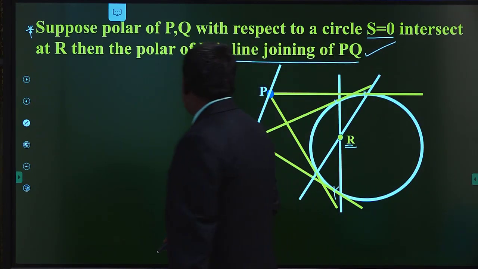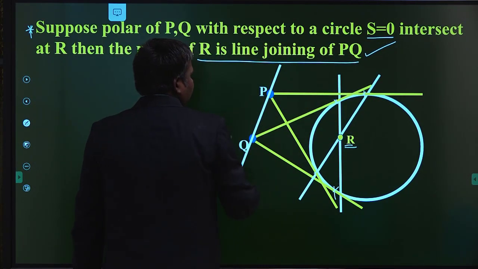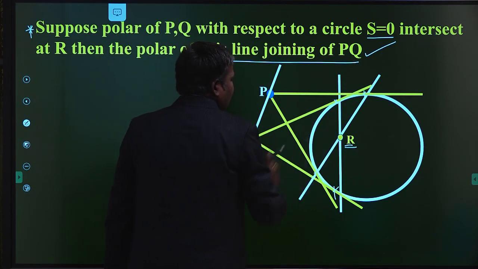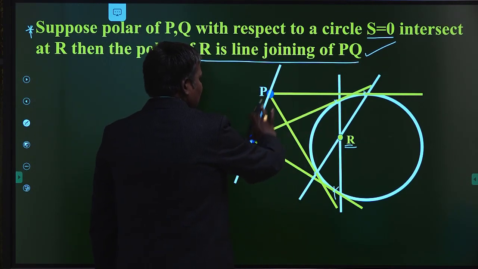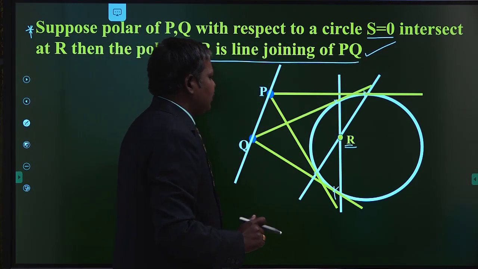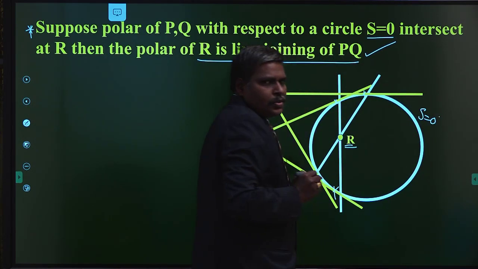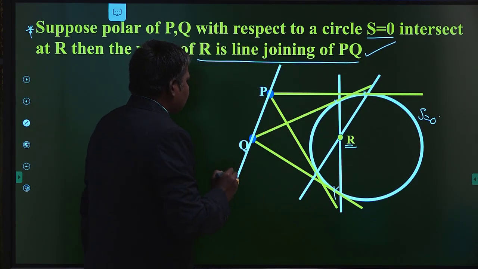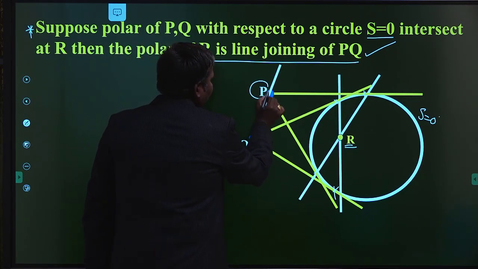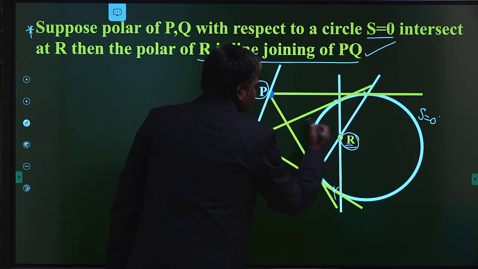My dear students, see here. This is the point P. This is the point R. That is the point of intersection of the polars of P, Q with respect to the circle S equals 0. Dear students, observe whether the polar of P passes through R or not.